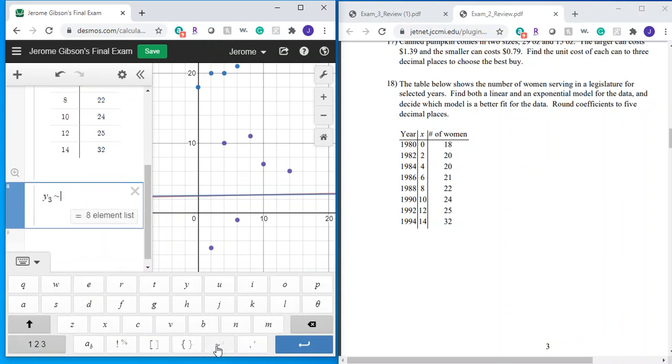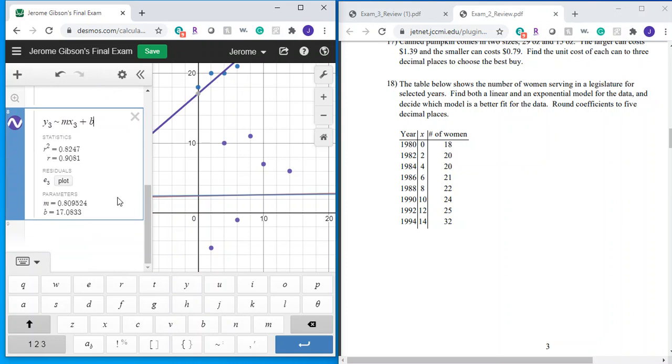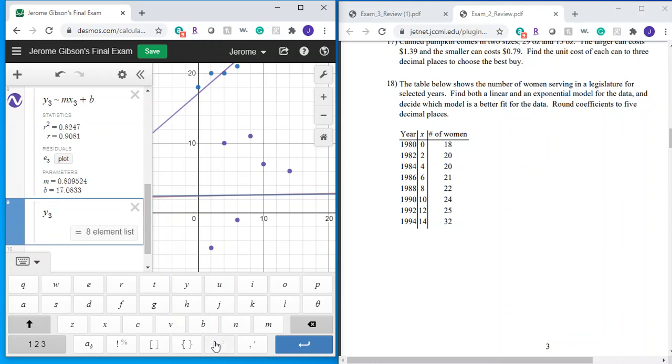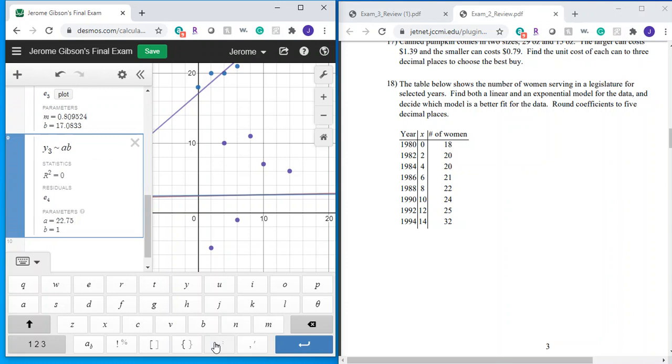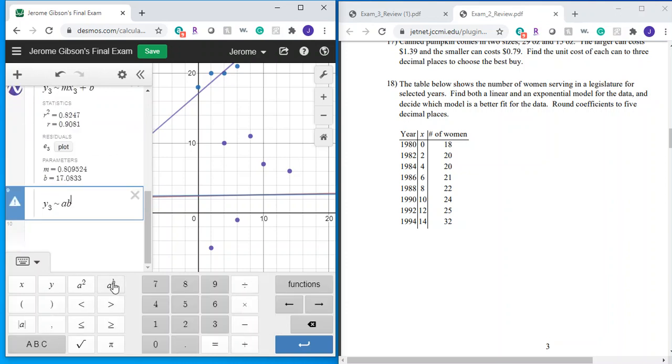And then it'll be mx3 plus b. Now that gave us this information here, and then we'll press enter. And then we'll do y3, the tilde. Now we're going to do the exponential. It'll be AB, and then we would take that to the x3 power.